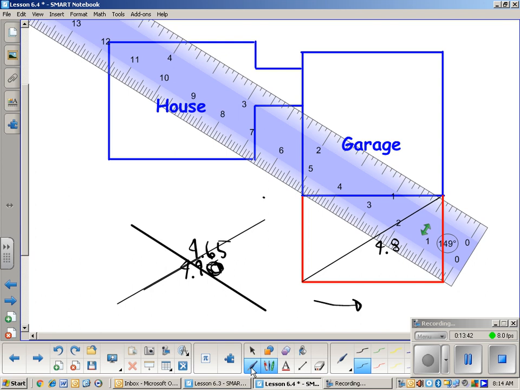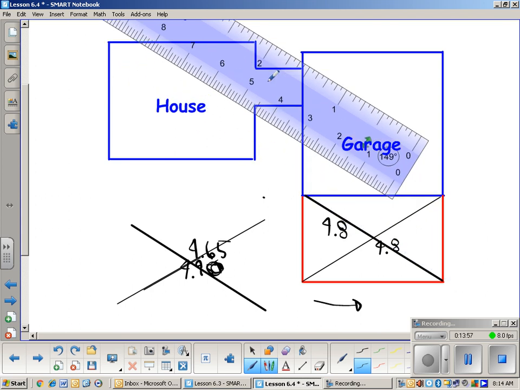I couldn't quite get it to stop where I wanted to. I draw that line. How long is that one? 4.8 again. Okay? So both of my diagonals now are 4.8. So now I can feel good about my slab of cement being square.